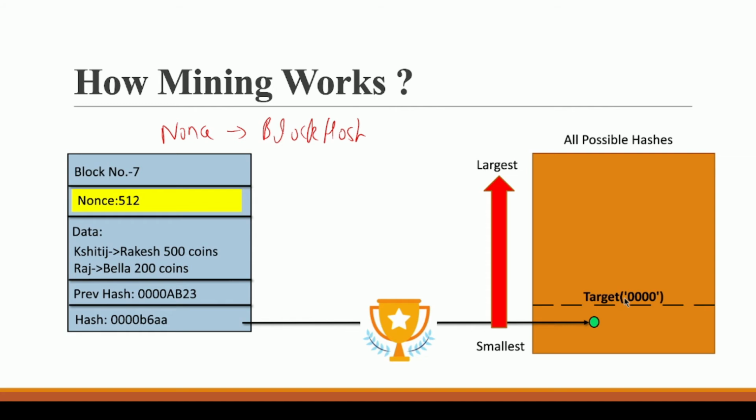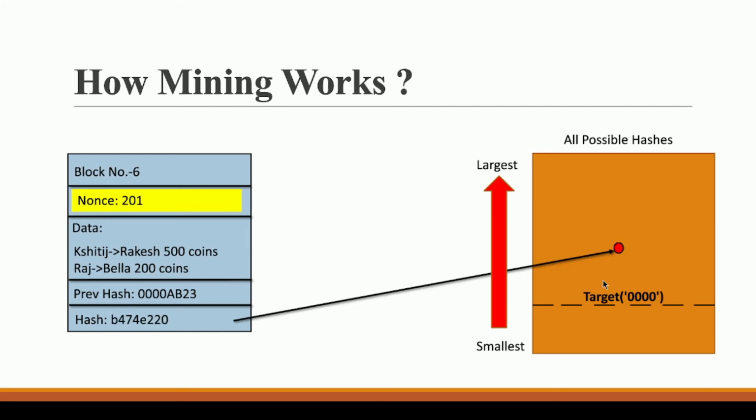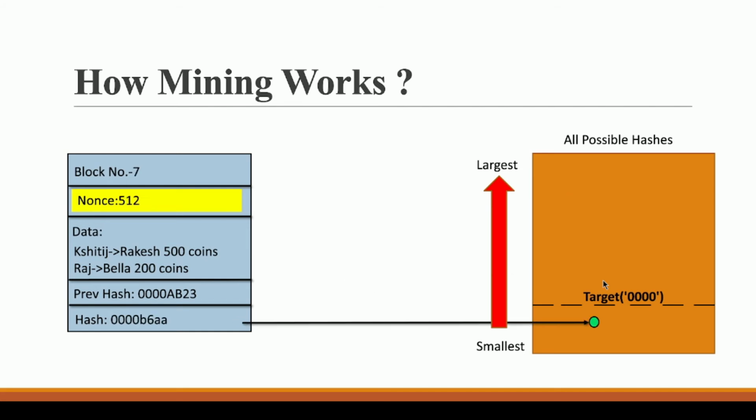Now some of you might be thinking, why is this hash below this target, and why not these hashes? I will explain this in much more detail in upcoming slides, but for now, let me give you a hint. This is the target, 000, and this is a number.